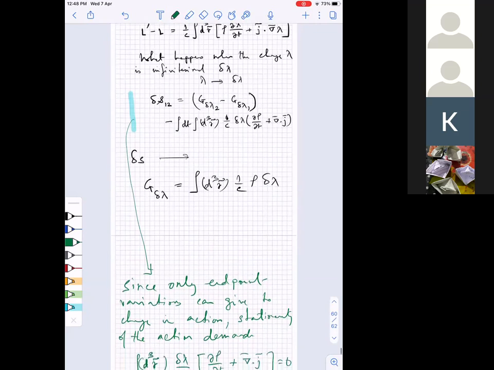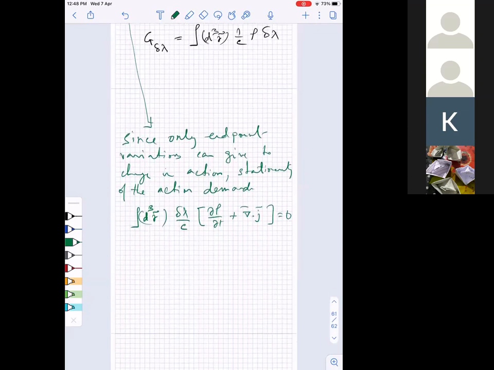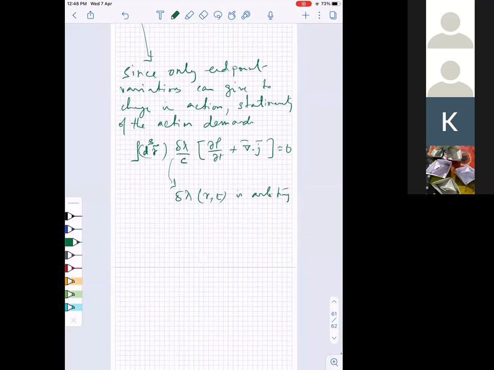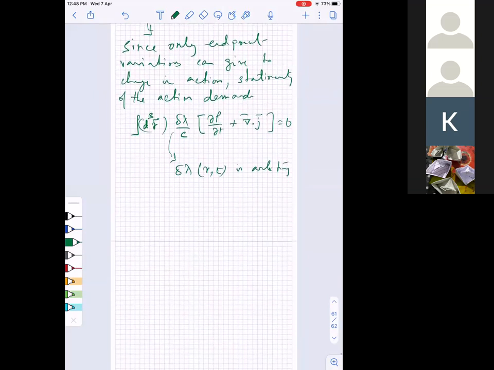And since my delta lambda is arbitrary, this implies that del rho del t plus divergence of J must be equal to 0.